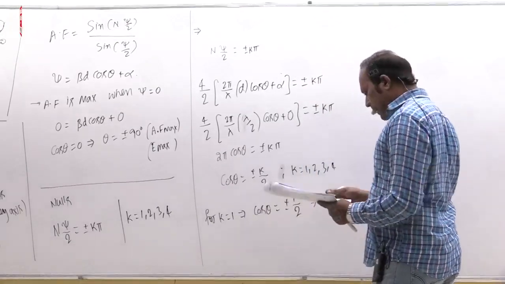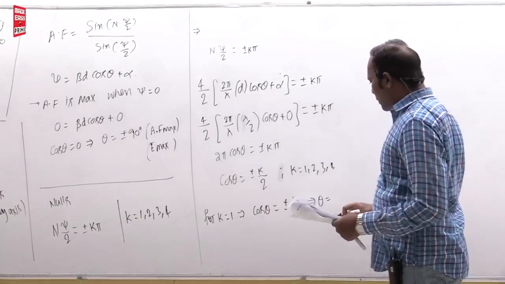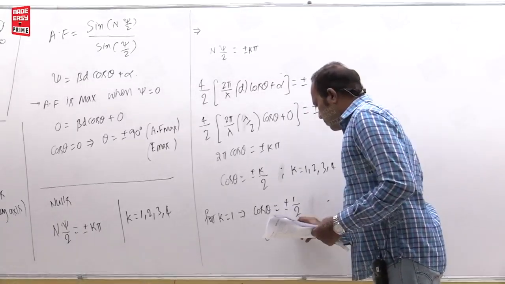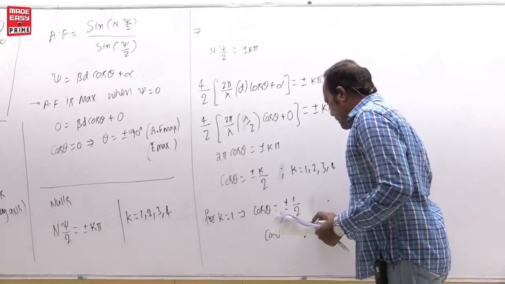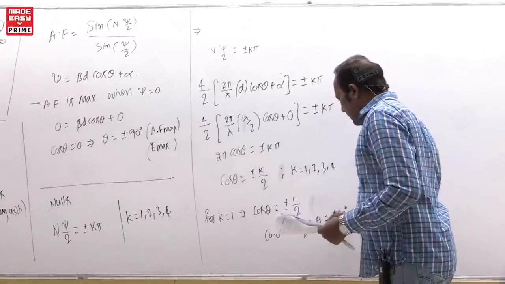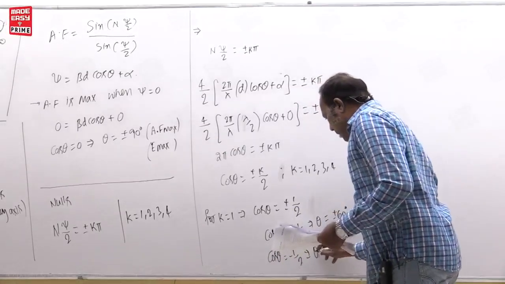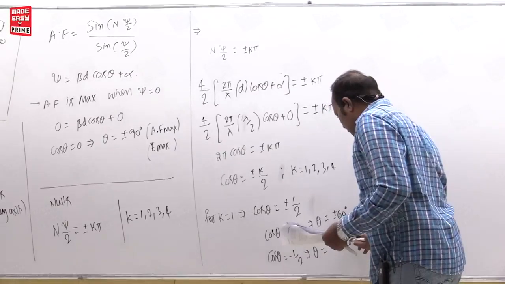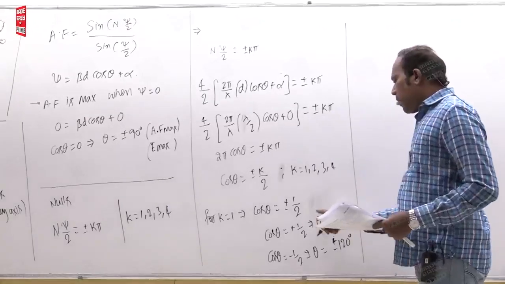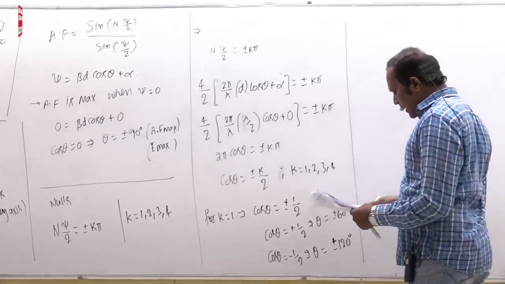For cos theta equal to plus half, the angle is plus or minus 60, and for cos theta equal to minus half, the angle is plus or minus 120, because cos is negative in the second quadrant. Cos 60 is half, and minus half means cos 120 degrees.